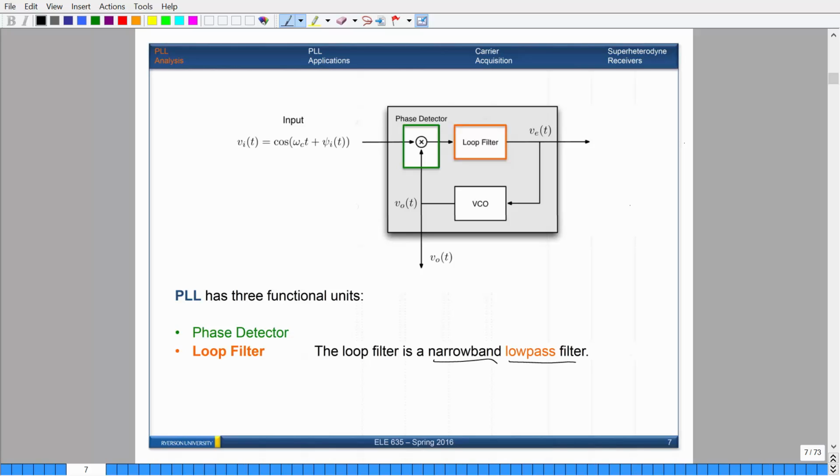It's basically just a low-pass filter that is centered at 0 hertz with a bandwidth of whatever tolerance you specify. Narrowband means that it looks something like this, right? So minus B to B, and this is F. So this is what it means by narrowband: it's a low-pass filter that's centered at 0 hertz, and then there's some plus minus B that you want to filter out. Okay, and this is important, and I'll talk about that later.